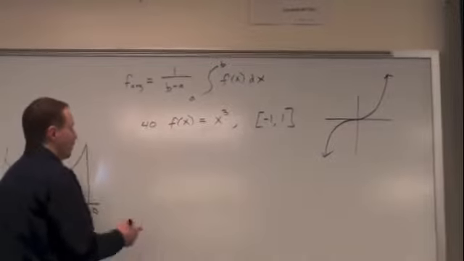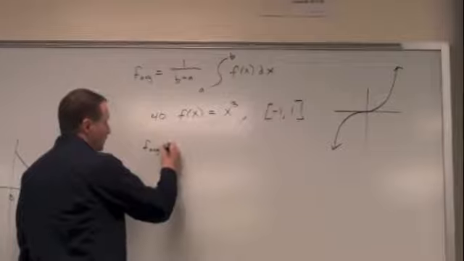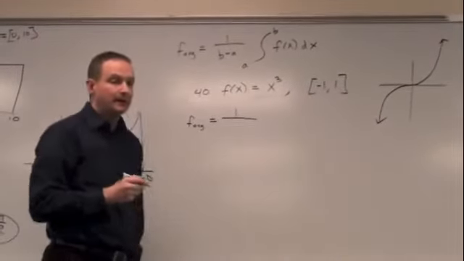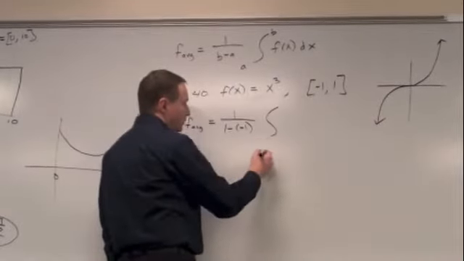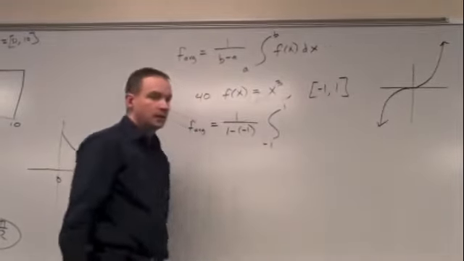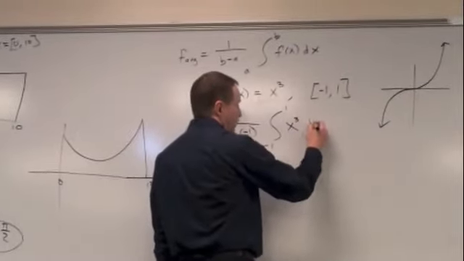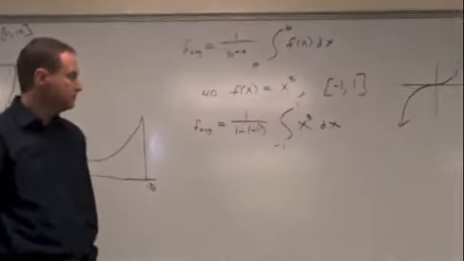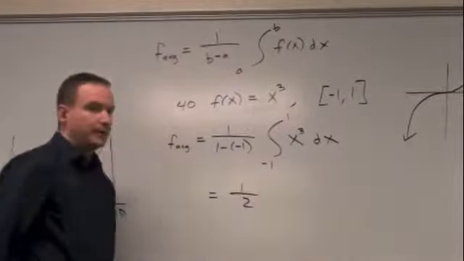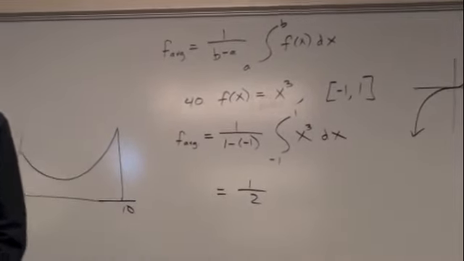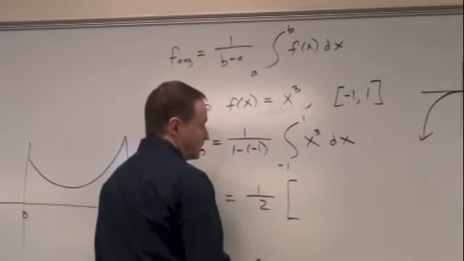So you'd say, well, okay, the average value of the function should be 1 over b minus a, 1 minus negative 1, on the integral, negative 1 to 1 of f of x, x cubed, with respect to x. So the span of the x variables is 2, so whatever I get, I'm going to multiply by 1/2. And I'll say this is 1/2 times the integral.